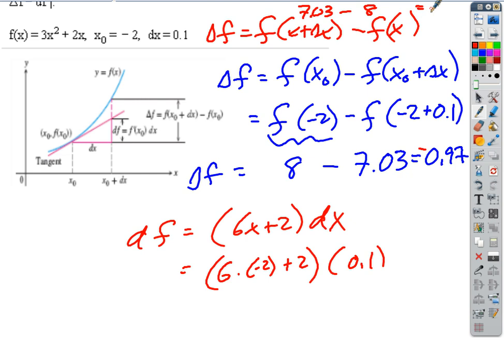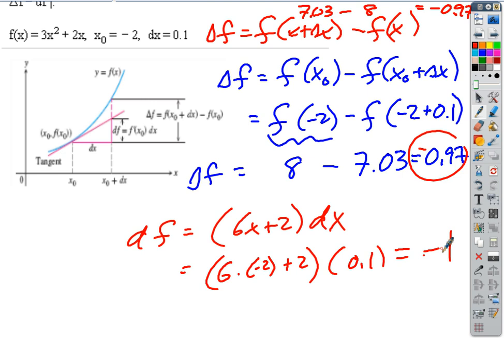Now what about df? df is negative 12 plus 2, which is negative 10, times 0.1. Well, that's just negative 1. So the approximate change in the function is negative 1. The actual was negative 0.97. Now what does it want us to do? I think it wants us to calculate the approximate error.